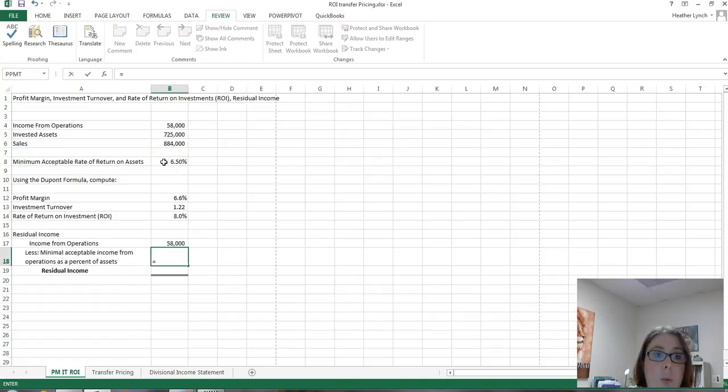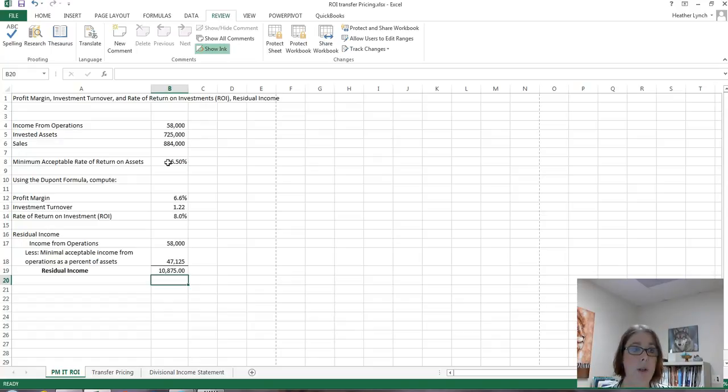So what we do is take our invested assets times 6.50%. Then if we subtract the two, that gives us a residual income of $10,875. You'll find more of this in your reading, but this is just the process of how to do your profit margin, investment turnover, rate of return and residual income.